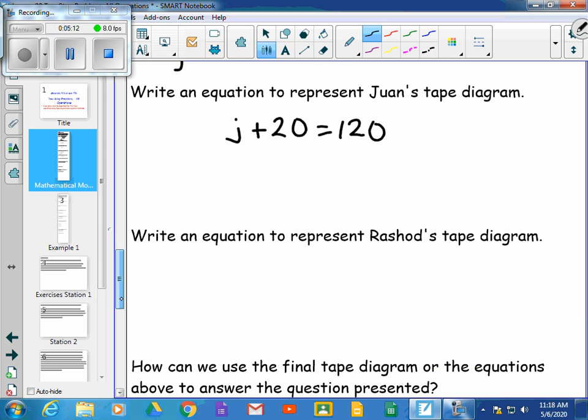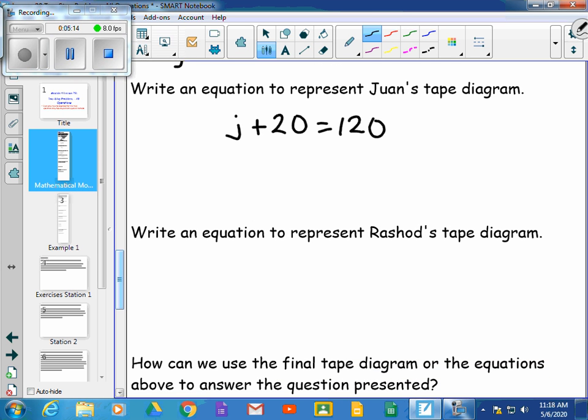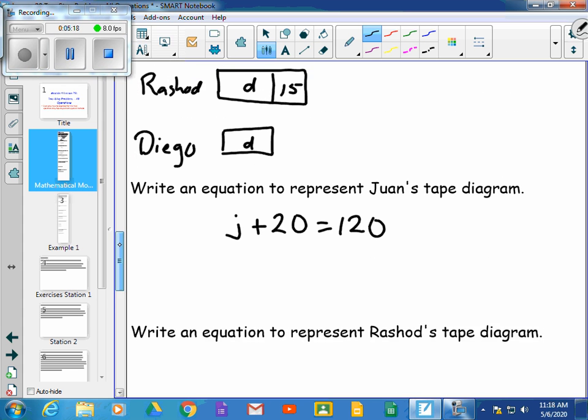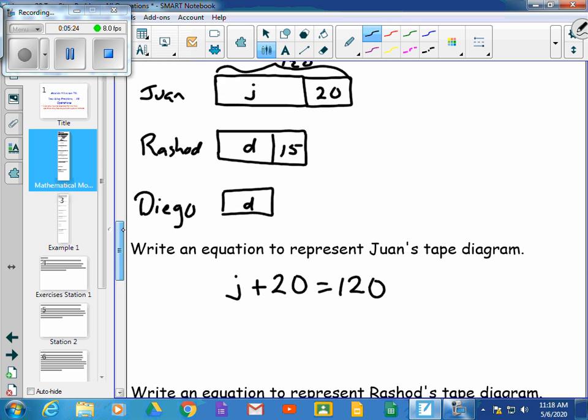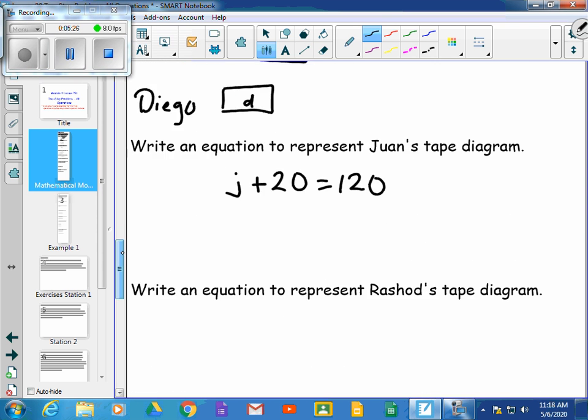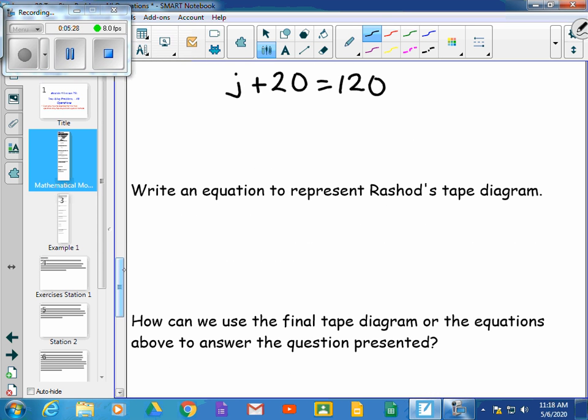Now it wants us to write an equation to represent Rashad's tape diagram. Well, he has D plus 15, and that D plus 15 was the same size as the J, so D plus 15 equals J. Now, if we combine them, notice that this J is the same J as that one.